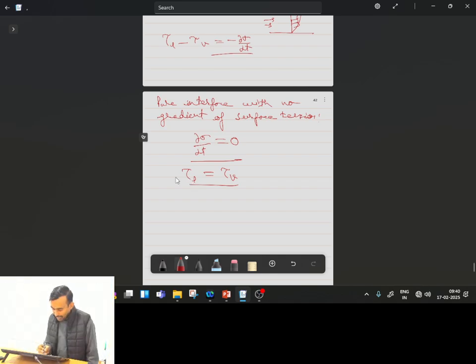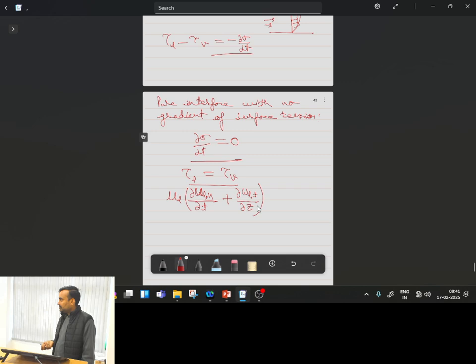Now, what will be tau liquid? Mu liquid times del W liquid, in which direction? Say normal direction. If I am taking it in the normal direction, then the gradient has to be taken in which direction? Tangential direction, plus del WLT divided by del Z, N or Z. Okay, is this one clear?